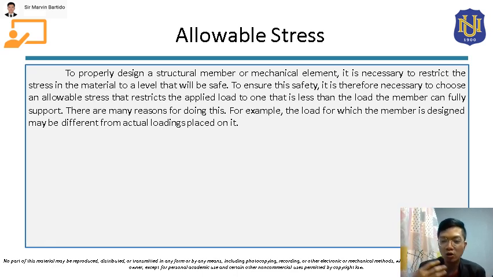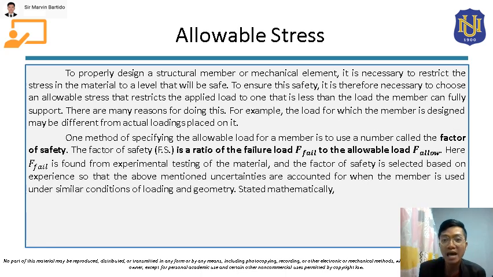Also, atmospheric corrosion, decay, or weathering tend to cause materials to deteriorate during service. And lastly, some materials such as wood, concrete, or fiber-reinforced composites can show high variability in mechanical properties. So that's why we cannot use the actual loadings. Again, we are going to use allowable loads instead of the actual load.